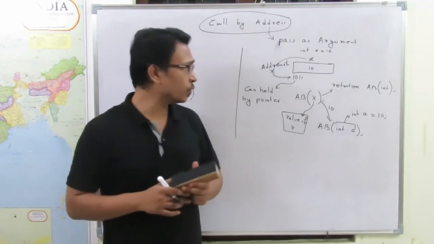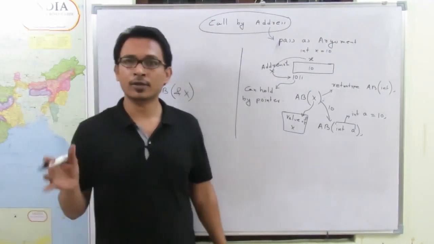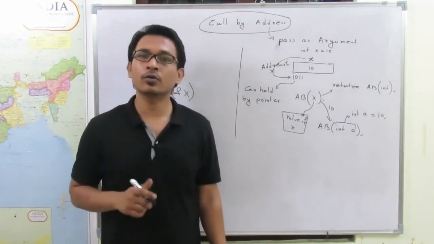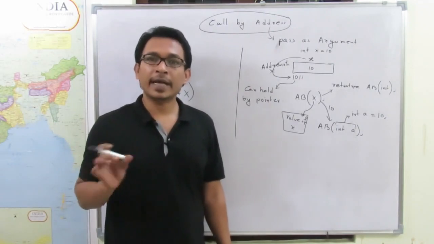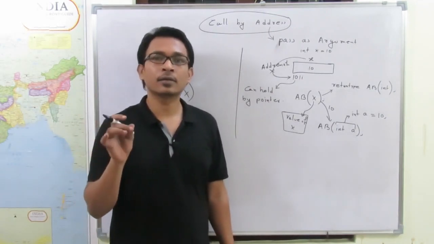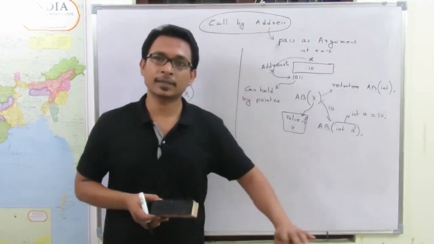Whatever we are discussing, exactly the same way the system will execute. Clear? So for the address part, we will focus only on the concept part. We don't know what will be the actual address that will be assigned to this particular variable x. Clear?